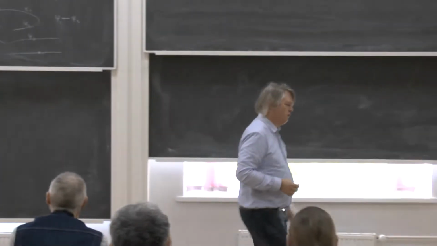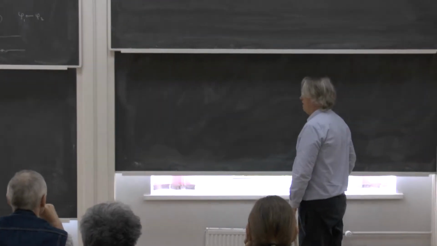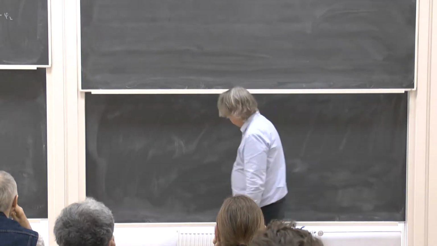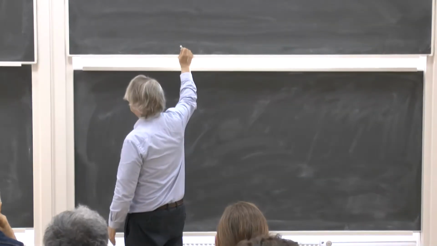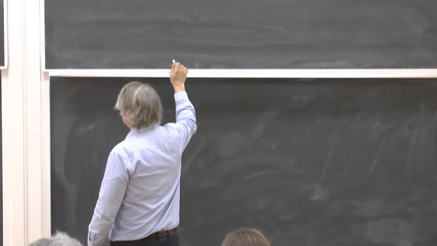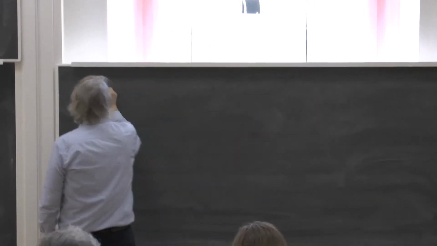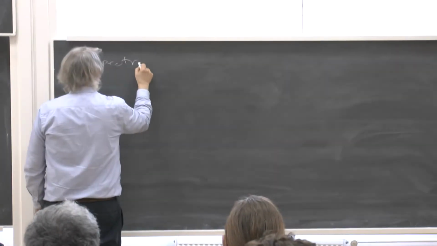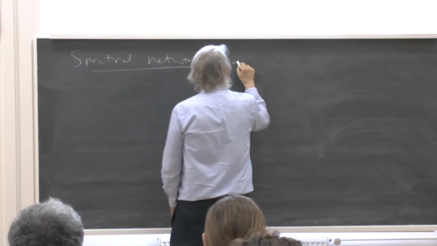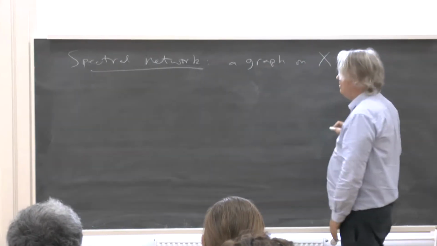Now, what's this spectral network? A spectral network is going to be a graph on X with endpoints at the singular points.